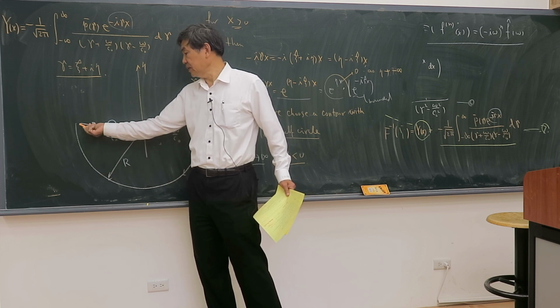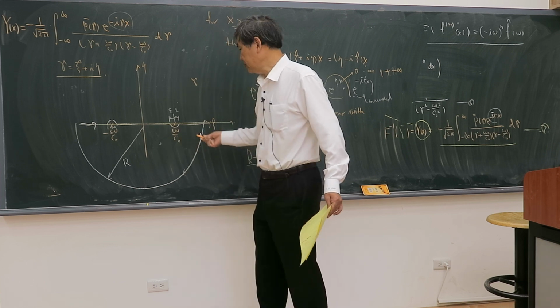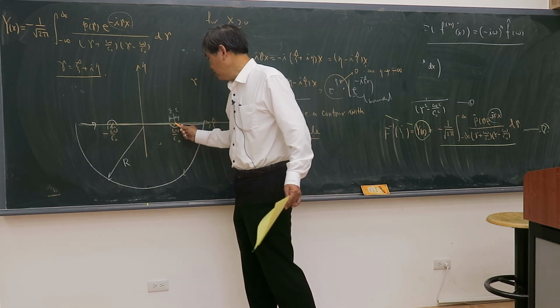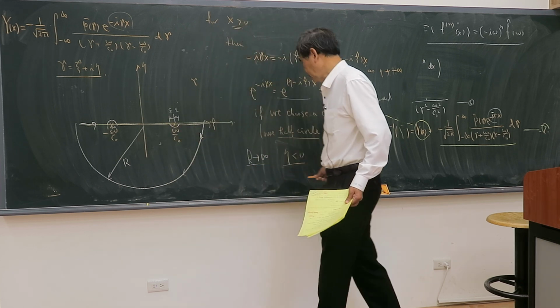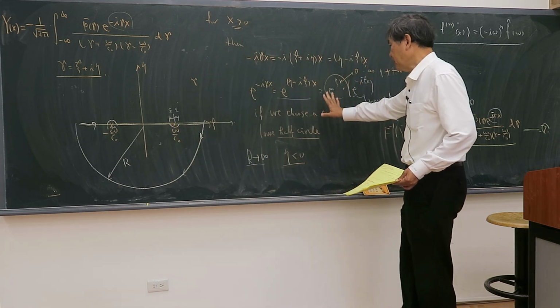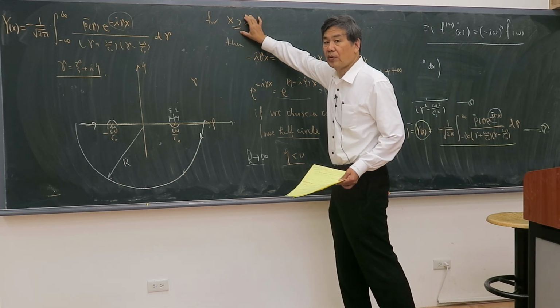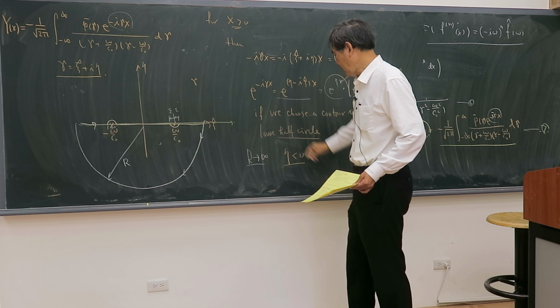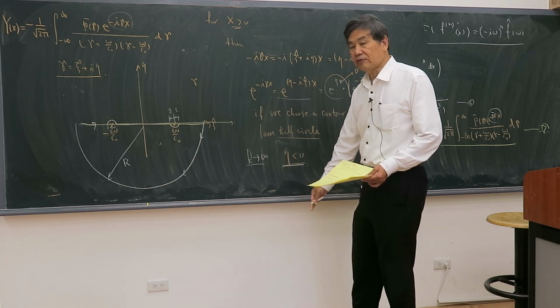That's why we have a chance to cancel the integration along this half circle, to only remain the integration along this line. But still another problem is we have to check which poles we should contain. So that explains why, for x larger than 0, we have to choose the lower half.